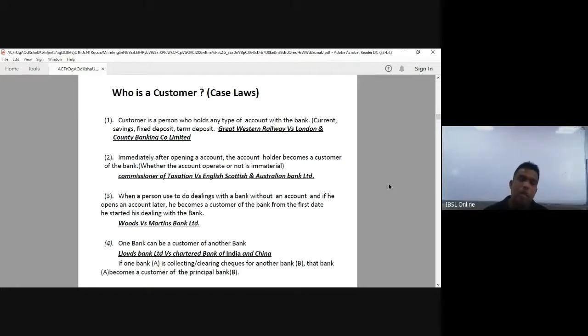What is the position now? In April, can I sue the bank? After opening the account in April, can I sue the bank for the breach of duty of secrecy in February 2021?